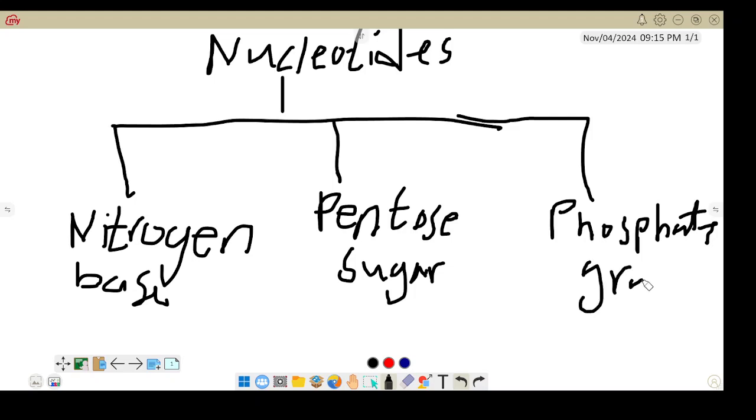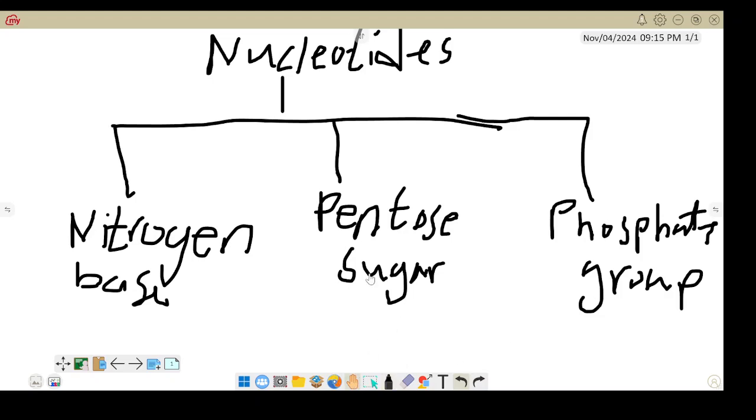So these are the three things which are found in a nucleotide. So a nucleotide will have a nitrogen base, and then it will have a pentose sugar, and it's also going to have a phosphate group.